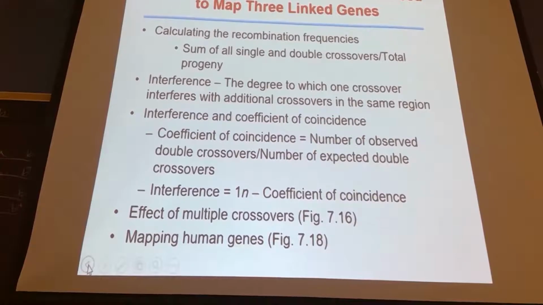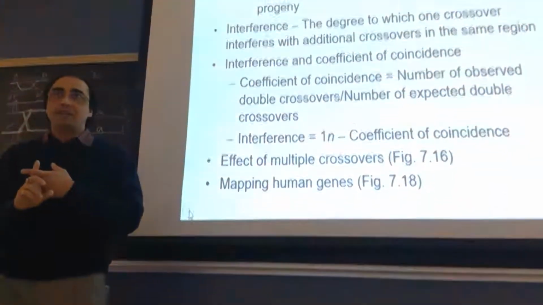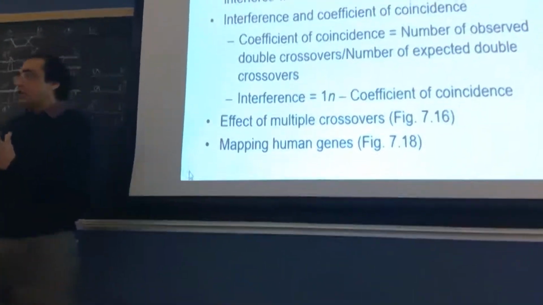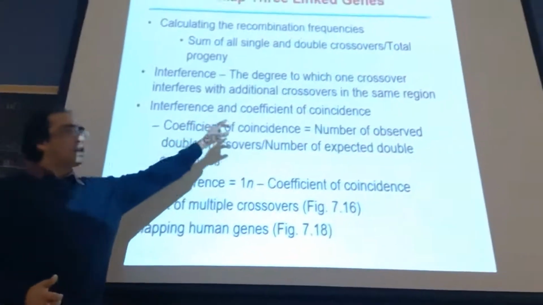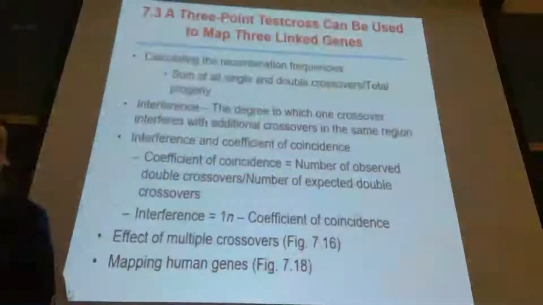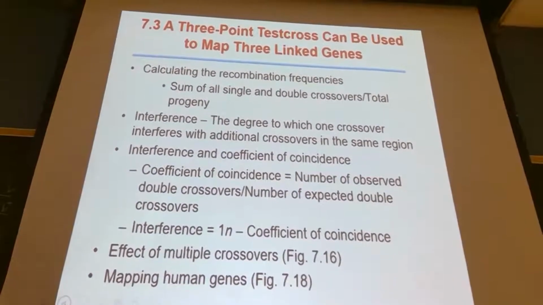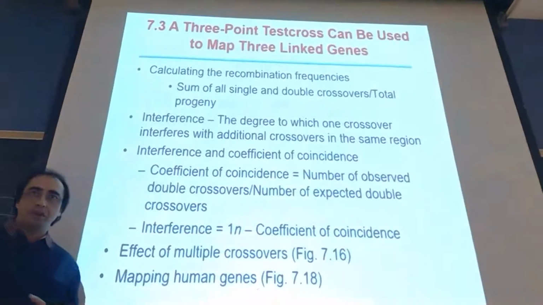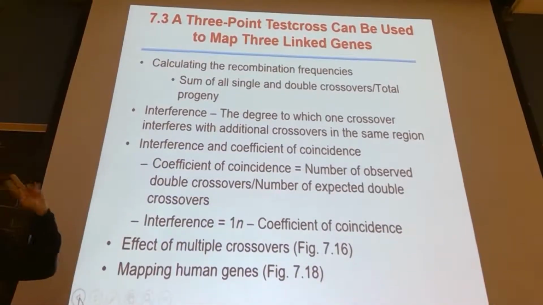So that is the interference: we expected one thing, but we are getting another. Okay. So the chance of having crossovers is the coefficient of coincidence, the chance of having all the crossovers there. But when we are not getting those crossovers, that means one crossover interferes with the other crossovers. That is called interference.